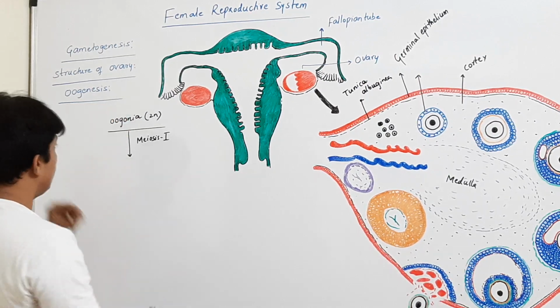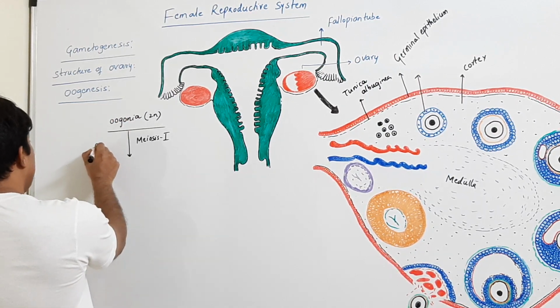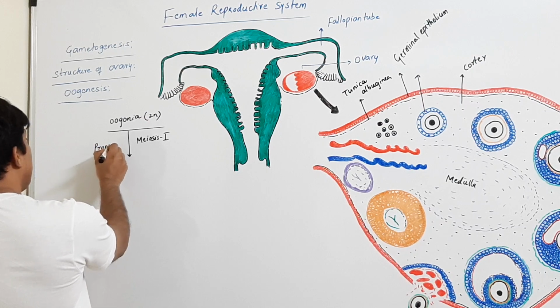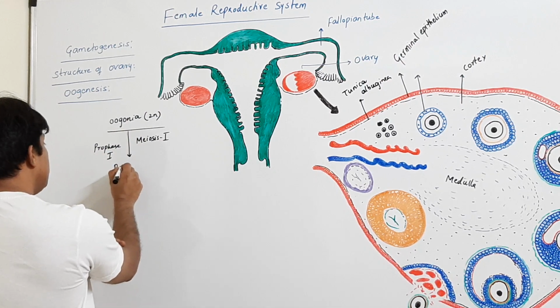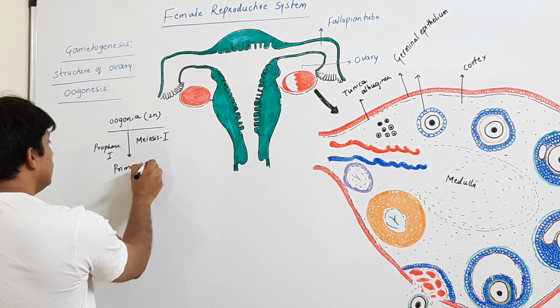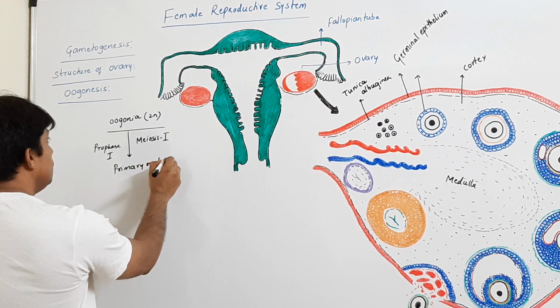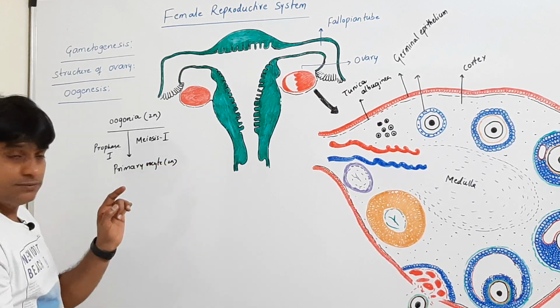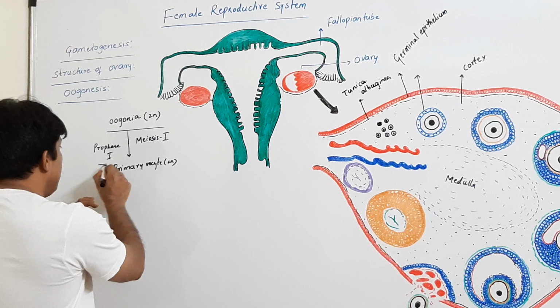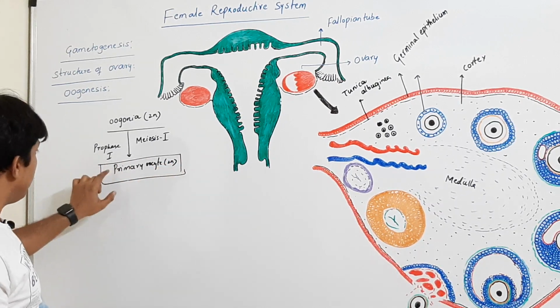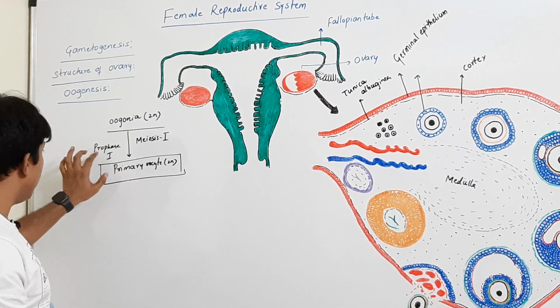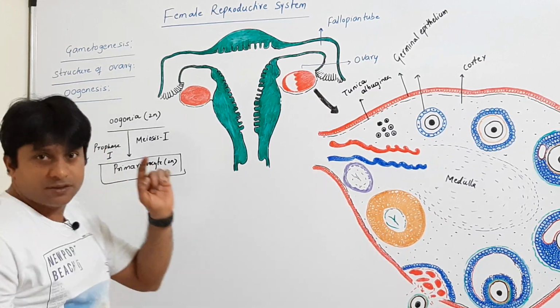In meiosis 1, the oogonia start prophase 1 and get transformed into primary oocytes, which are diploid. The entire meiosis 1 is not completed, and these primary oocytes get arrested at prophase.